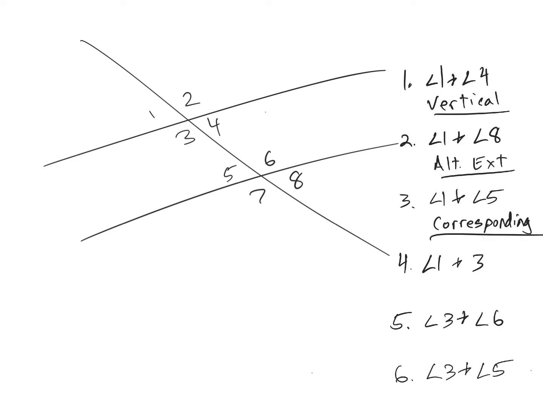Angle 1 and angle 3 are a linear pair. Angle 3 and angle 6 are alternate interior angles. Angle 3 and angle 5 are consecutive interior angles.